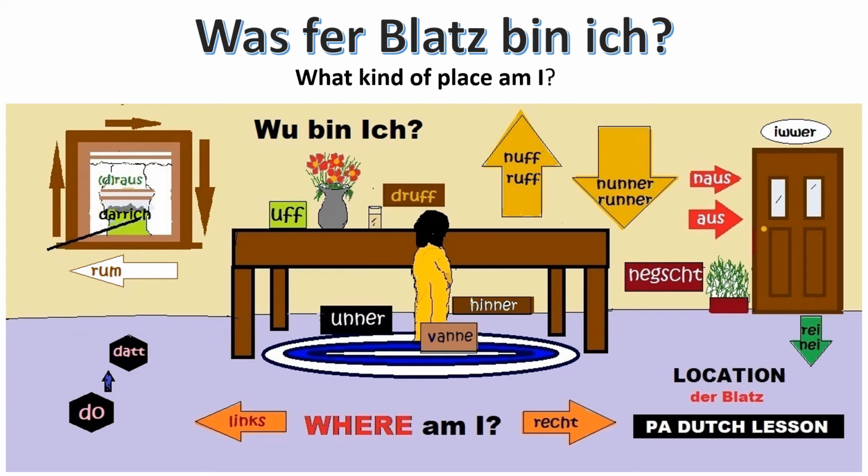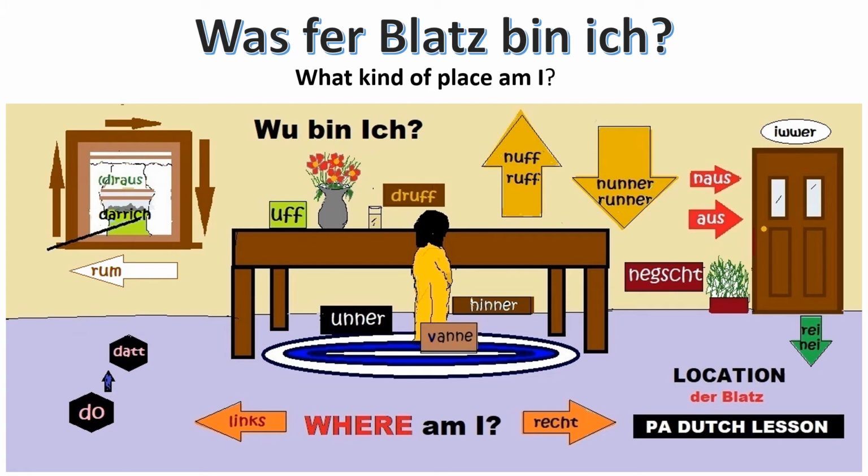So links is left, recht is right. And then on the left of that, you'll see do und dot. Do means here, and the arrow points backward a little bit to dot. That's there. So do und dot is here and there. And we're going forward to the rug. The rug is partly under the table, so I used that for unner. Unner means under.